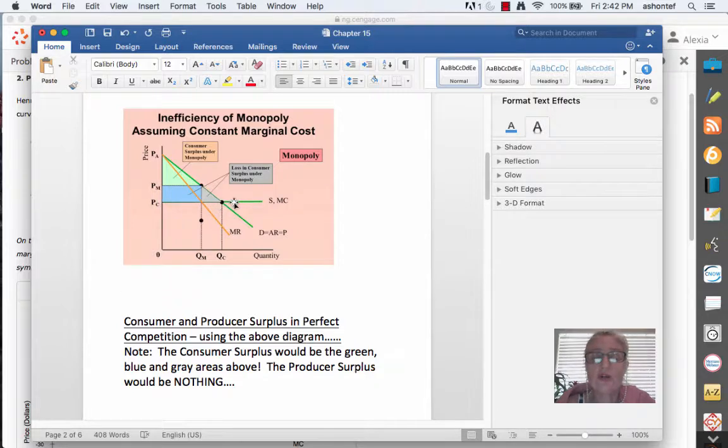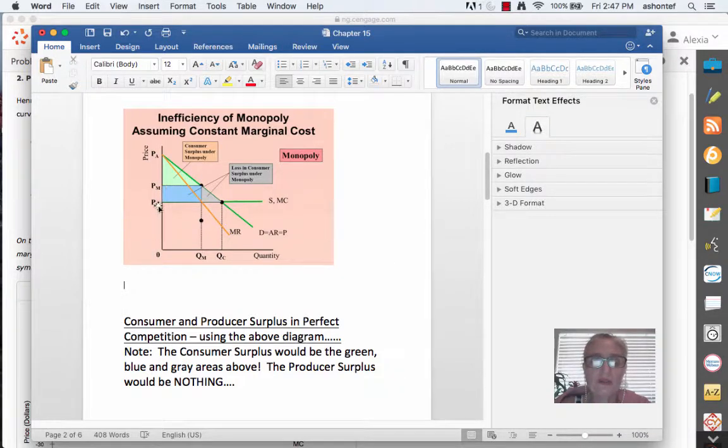Notice that the consumer surplus area, if this were perfect competition, would be everything below the demand curve and above the price charged. So all three of those areas, the green, the blue, and the gray, would go to the consumer, and nothing would go to the producer. There would be no producer surplus. In this case, it's all consumer surplus being reaped.